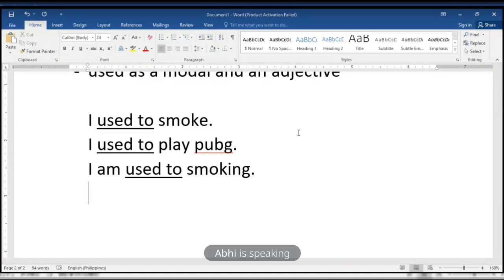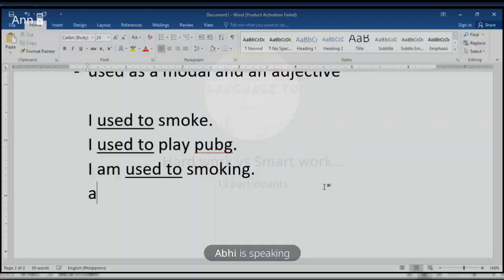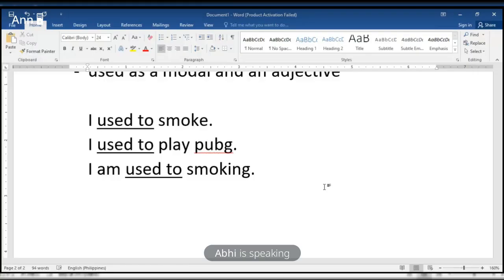I have taken an example that I am used to smoking. Here we can see that in "am used to smoking", "am" is a form of be, and be has forms am, are, like be, was, been. So the first form here is "am".